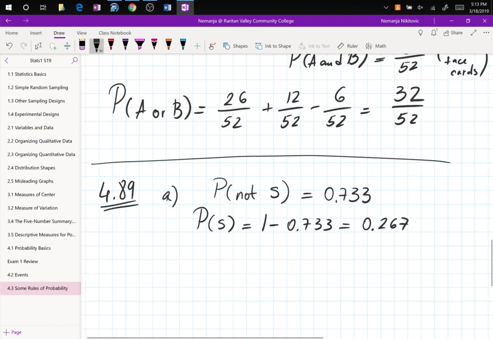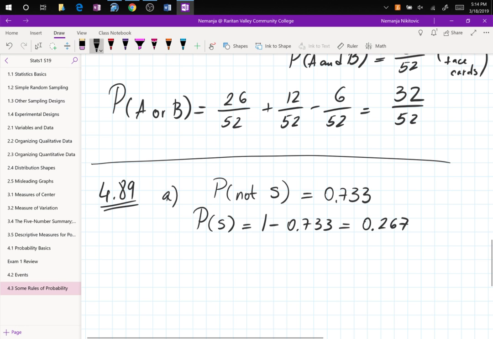Now, smoked at least 1 cigarette per day. How much is that? Excellent.